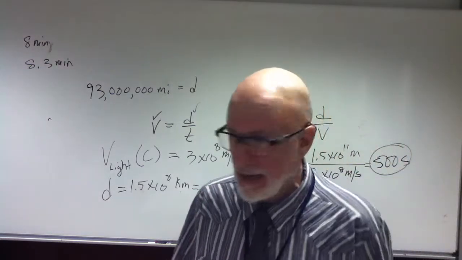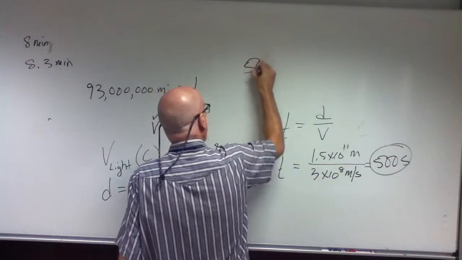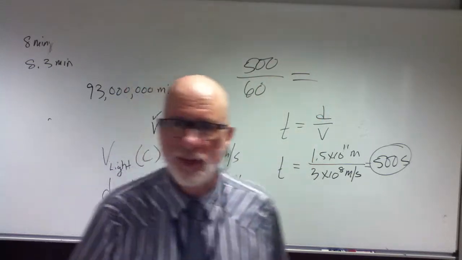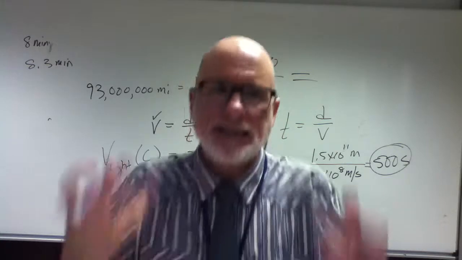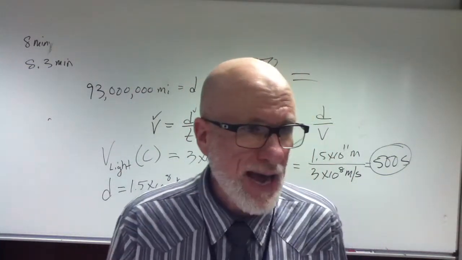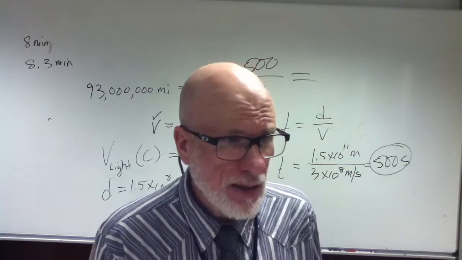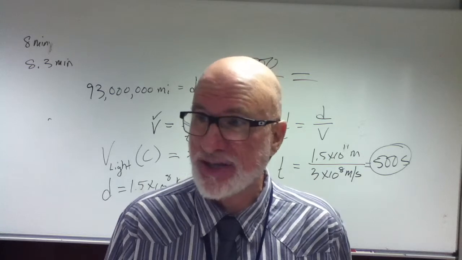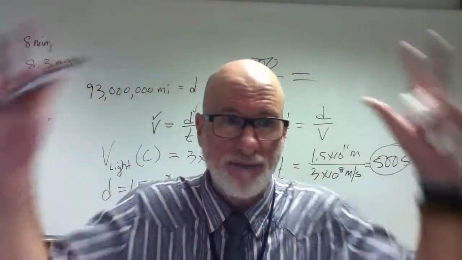Yes. Okay. So what is 500 divided by 60? No big deal, right? How many 60s are in that 500? Do it. Come on, do it. Do it now. 8.31. It's the same thing? Oh my God. We've discovered something. You don't have to do all of that nonsense, do you?